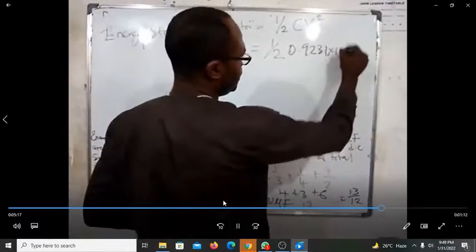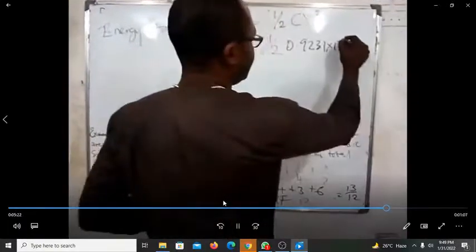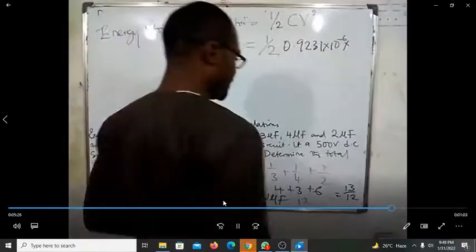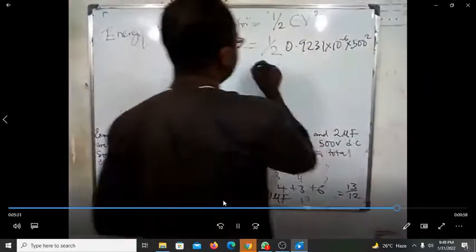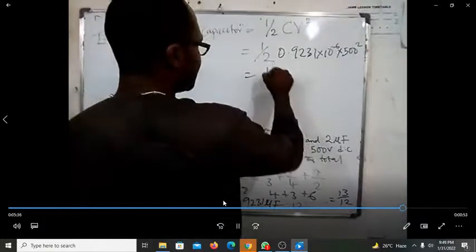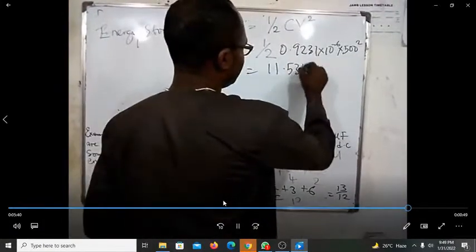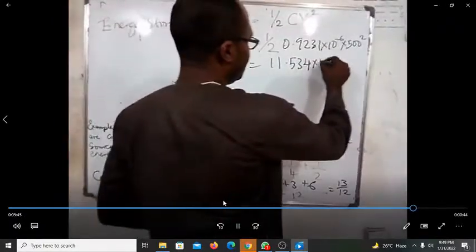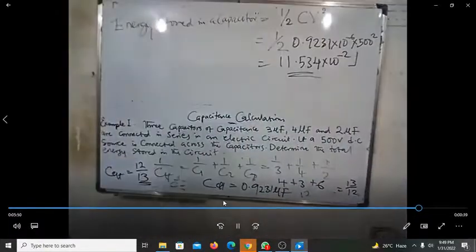When you convert it, microfarad is 10 to the power minus 6, converting it to normal farad. So times V squared. What is V? 500. 500 squared. When you solve out this calculation, you're going to get 11.534 times 10 to the power minus 2 joules. So press this out in your calculator. That will be your answer.